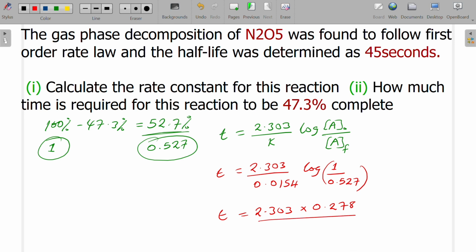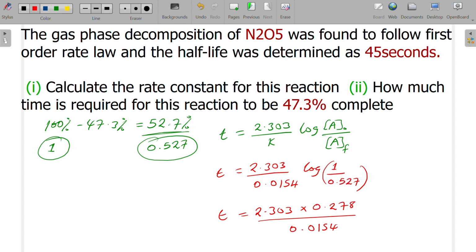And then this whole thing is divided by 0.0154. Yes. So remember, this value here is when you say 1 divided by 0.527, then get the log of that. We're getting this value.